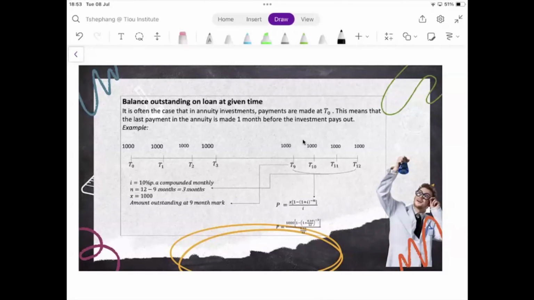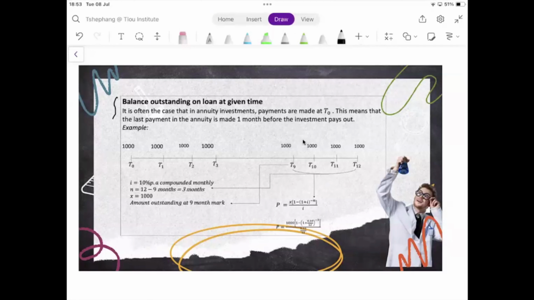So balance outstanding. This can be a little bit confusing. So what I always do is I take the present value of the outstanding term. What do I even mean by that? So let's look at this. It is often the case that in annuity investments, payments are made at T0.